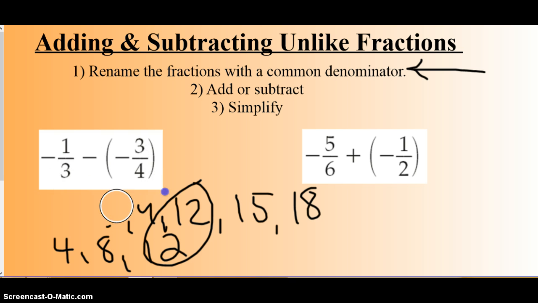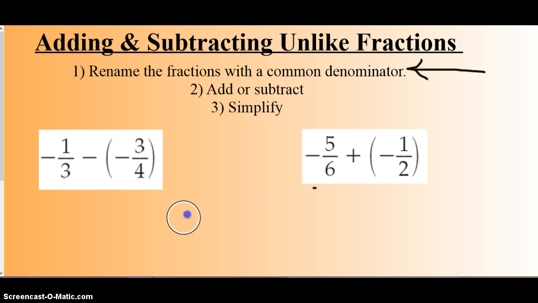So I'm going to erase this. So we have determined that our least common denominator is 12. That means I need to change my fraction 1/3 into 12. If I look at this, first of all, negative 1/3, and I want to get negative 1/3 into 12. So my denominator went from 3 to 12. How did it get there?